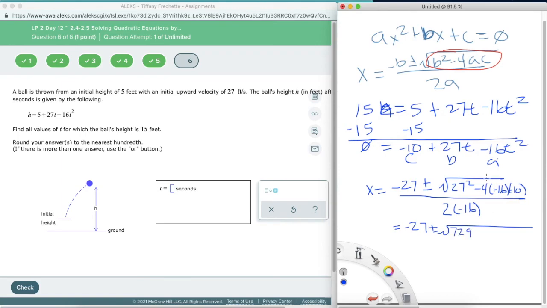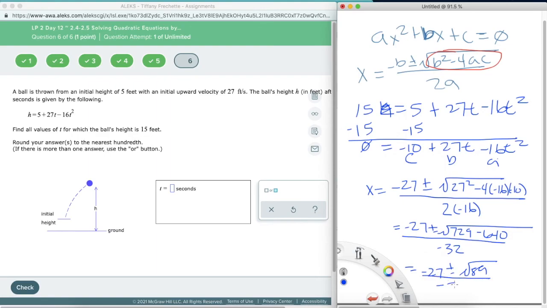Negative 4 times negative 16 gives us positive 64, times negative 10 again gives us negative 640, divided by 2 times negative 16, which gives me negative 32. And then under the square root sign there, I want to subtract 640 from 729. So I get negative 27 plus or minus the square root of 89 divided by negative 32.